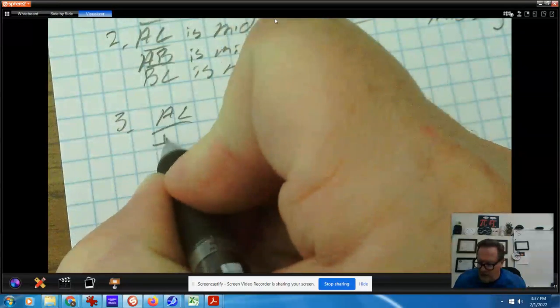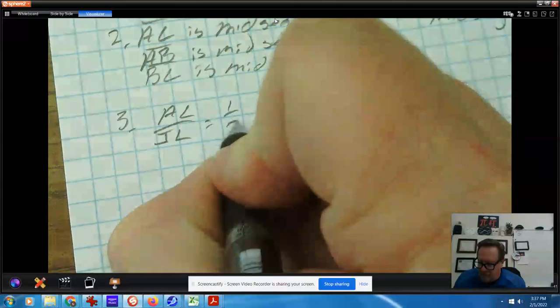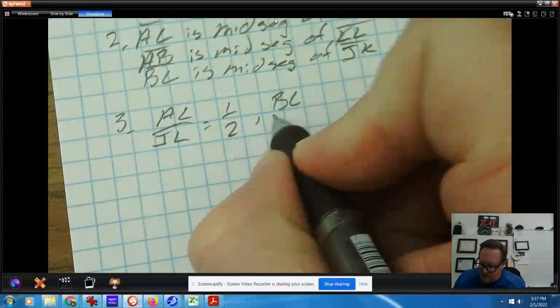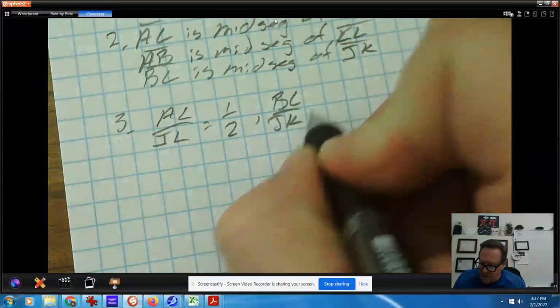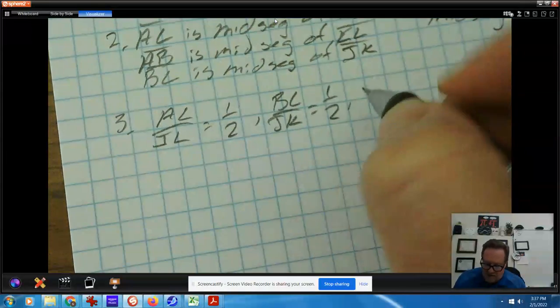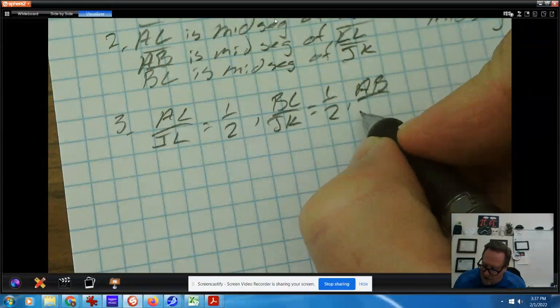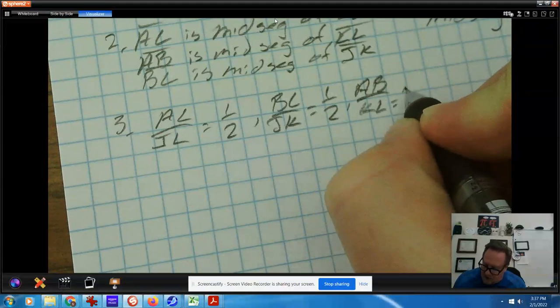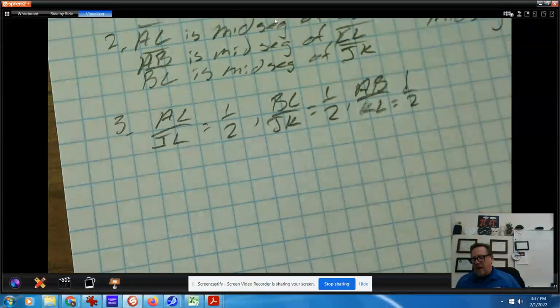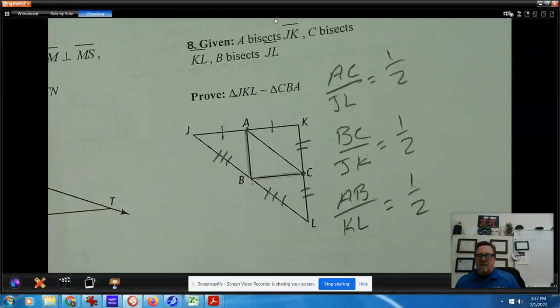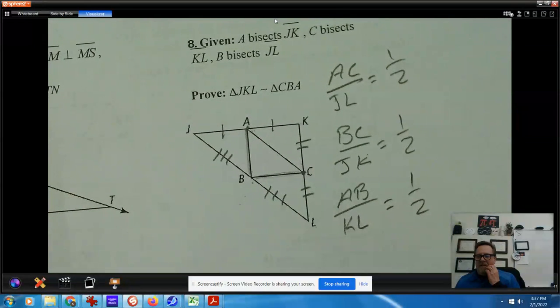AC over JL equals 1 to 2 ratio, right? At the same time, BC to JK as a ratio is 1 to 2. At the same time, AB to KL is 1 to 2. And again, that's just copying what we were talking about before. That's a mid-segment idea, right? We call that the mid-segment theorem.